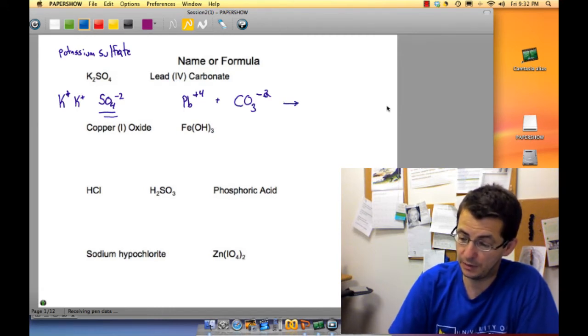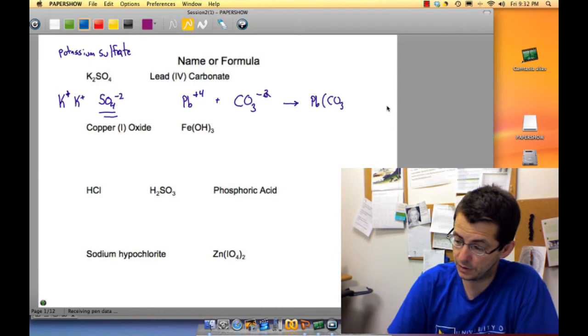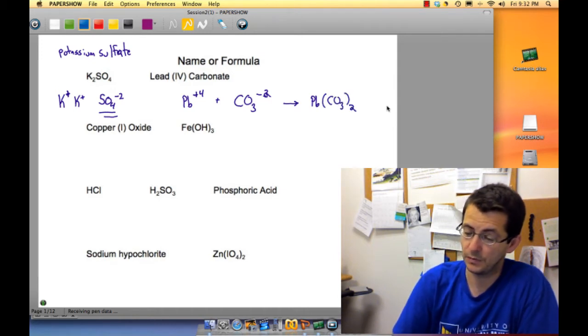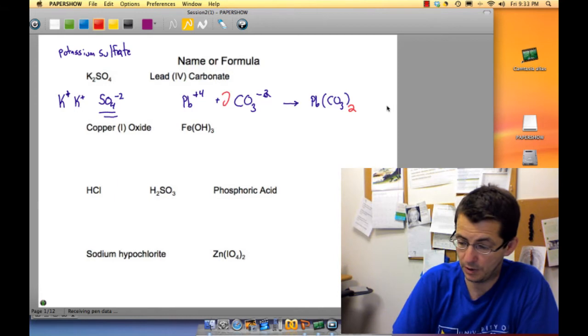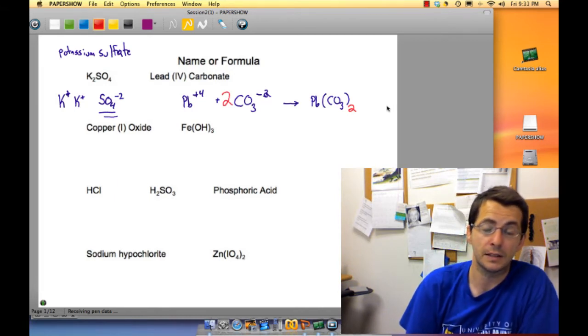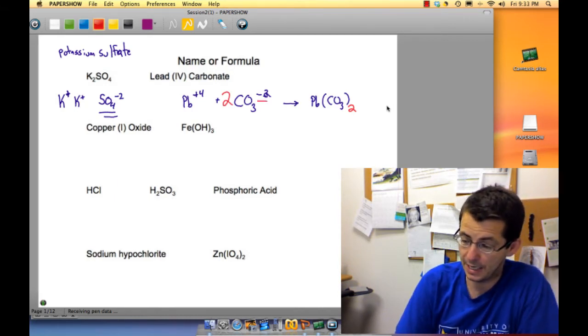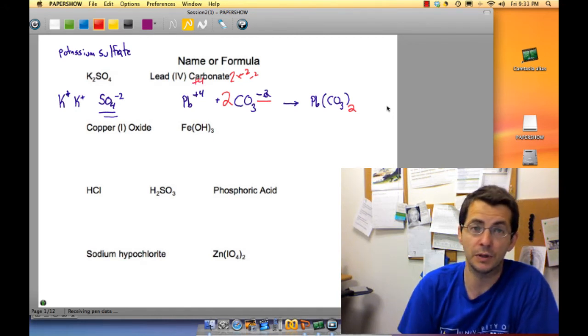So these two would combine together to form PbCO3 2. It would require 2 carbonates to balance out the charge. A negative 2 charge would require another negative 2 charge. The only way to do that would be multiply it by 2 to take care of the plus 4.